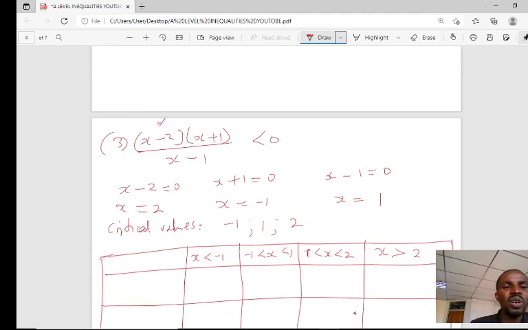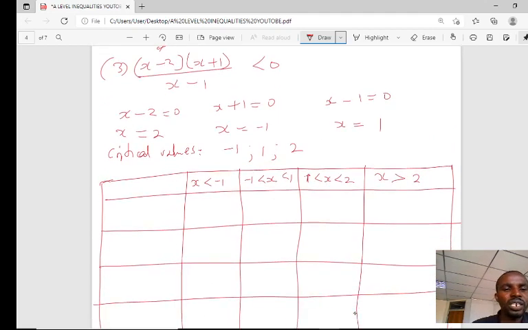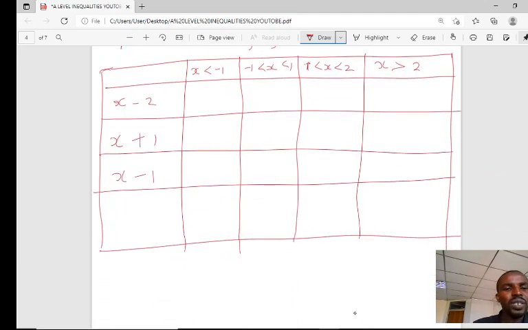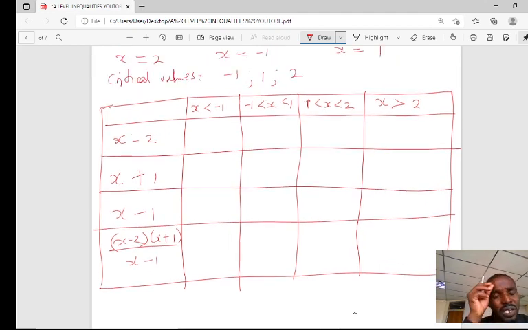In this case, we have x minus 2, x plus 1, and x minus 1. So you write x minus 2, then x plus 1, then x minus 1. Then down there, you write your function, (x minus 2)(x plus 1) over (x minus 1). So we want to determine the signs that will be on our function.